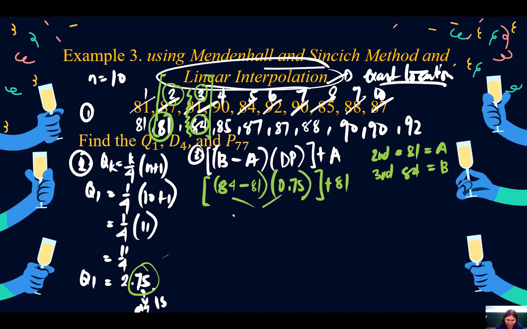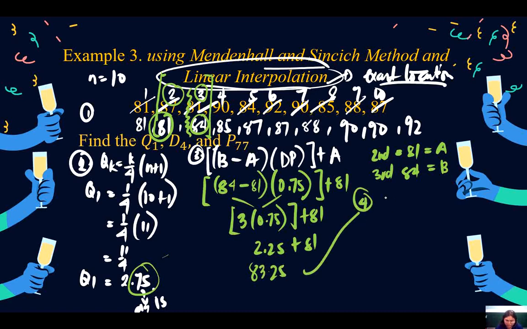So, we have 84 minus 81. So, the answer is 3 times 0.75. Times 0.75, the answer is 2.25 plus 81. So the answer is 83.25.